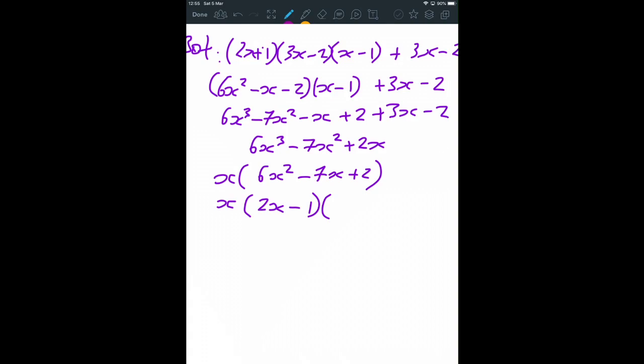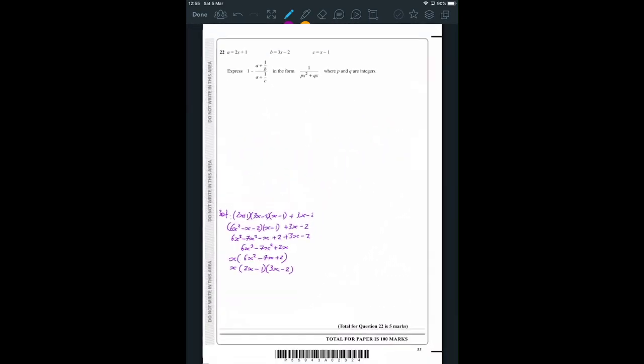If that was the bracket, the other bracket, that'd be a 3x to kill the 6x squared, minus 2 to make the plus 2 on the end. And if I re-expand this out, I get a minus 3x in the middle and minus 4x on the outside, which does give me the minus 7x in the middle. So yes, this is a correct factorization.